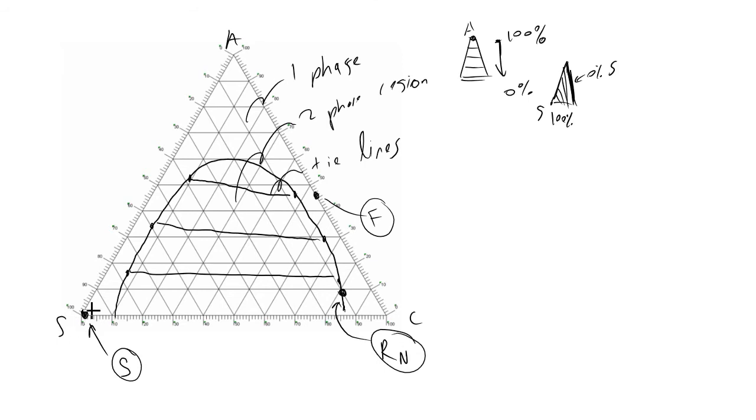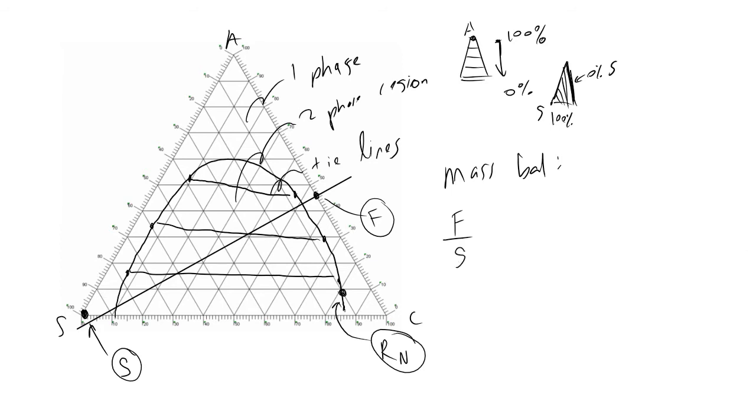So if we now connect these two points, and I cheat a little bit with this line, what we see is we have the line SF generated, and if I could draw this a little bit nicer, I would, but for the sake of continuing, let's just assume these lines are all perfect and beautiful. What we now turn to is a mass balance, and this mass balance is something that you can find in a textbook.